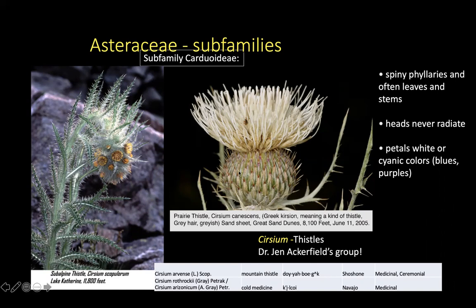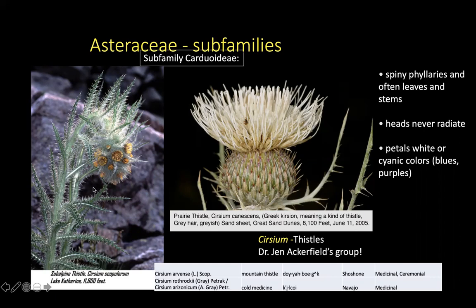Very spiny phyllaries, so beautiful and regular, but they're tipped in spines. The leaves are often super duper spiny. The heads are never radiate, and they tend to have petals that are white or blue or purple, though Jen Ackerfield's finding new species that actually have some yellow in the alpine.